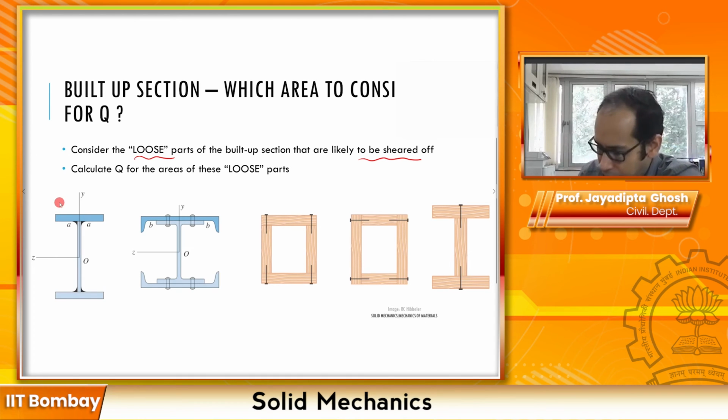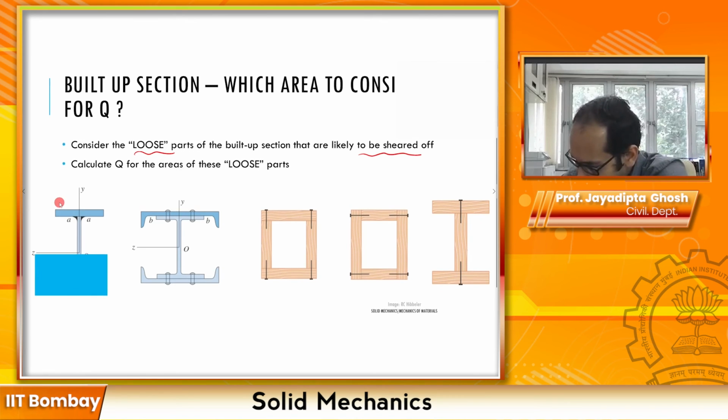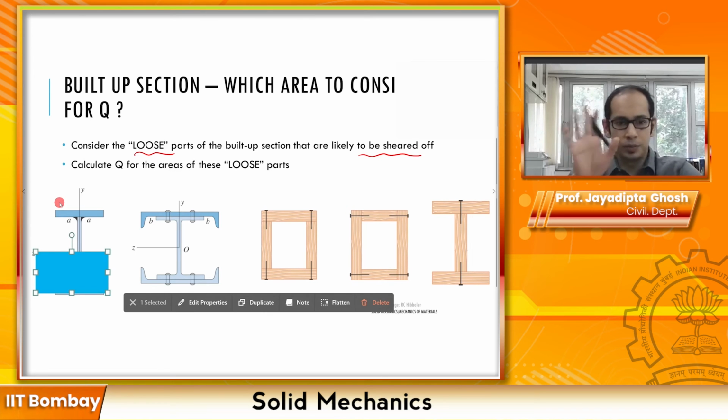What I'm trying to say is that here you put a board or something over there, let me move that slightly up, and then you try to push that section aside.